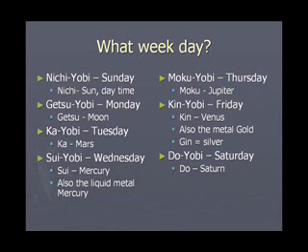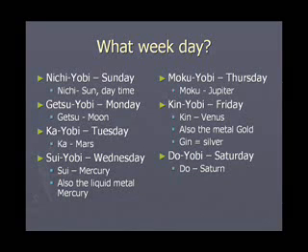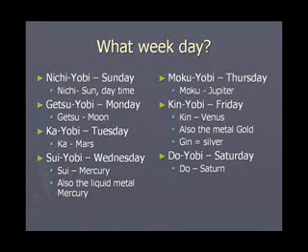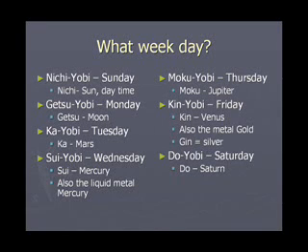Kin is the name of planet Venus as well as the metal gold. In South India, silver is the one which is referred to Friday. However, the word for silver is gin and kin is the name for gold. Do is the name of planet Saturn. So that's how the weekdays are named.